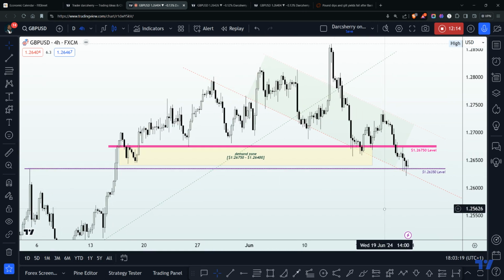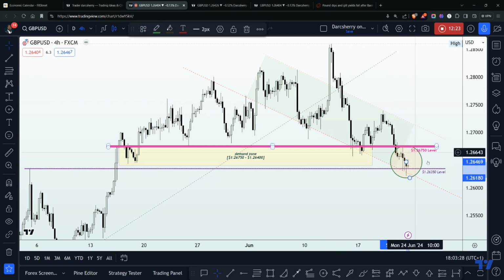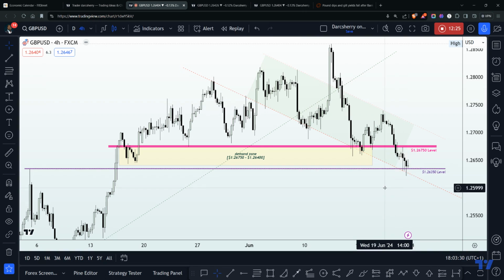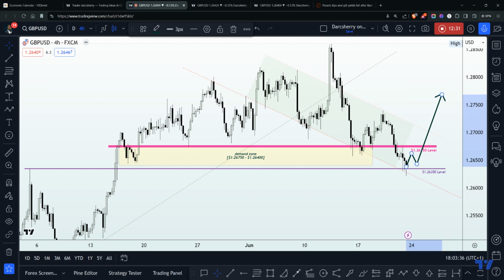Now, with the way things are going right now, what we are going to be doing during the early hours of next week is to monitor how market participants will be reacting to this confluence. How are we going to continue to see buy pressure within this demand zone to incite an uptrend continuation?